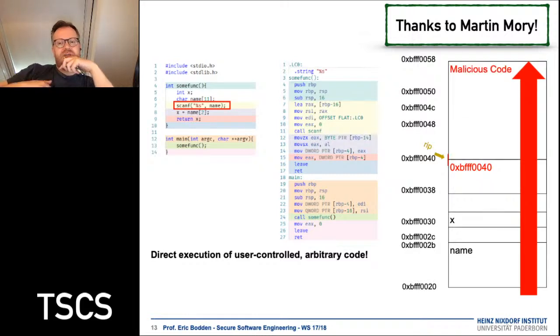Then you can basically overwrite this with some malicious code on the stack and execute anything of your own. This is how some class of attacks usually works if you have direct assembler code that works like this, binary programs that you can manipulate to some degree.